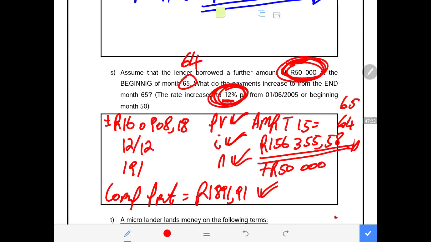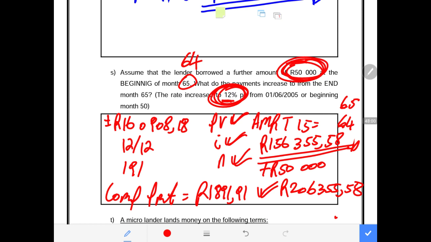So that means we will have to say the balance plus the interest, and then we say 156,355.58 plus 50,000 rands. This will give us the balance after the funds that we borrowed, which is 206,355.58. This is the balance that is in the account.